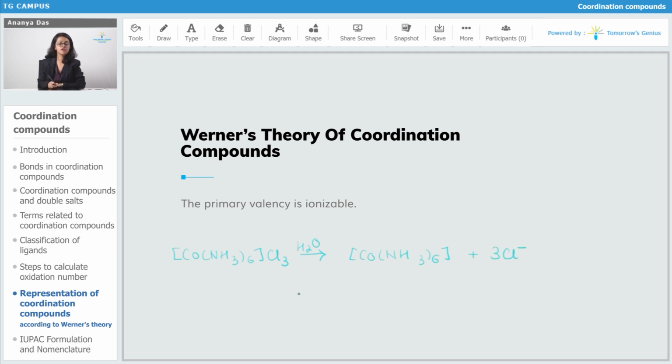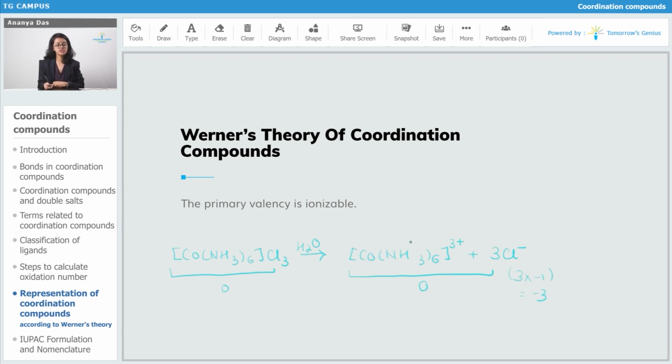That is, they dissociate from the entire complex, which leaves a 3 positive charge on this complex, because the overall charge still has to be 0, right? The overall charge has to be 0 on the right hand side, because the overall charge is 0 on the left hand side. So if there are 3 Cl negatives, the charge here is 3 into minus 1, which is equal to minus 3.